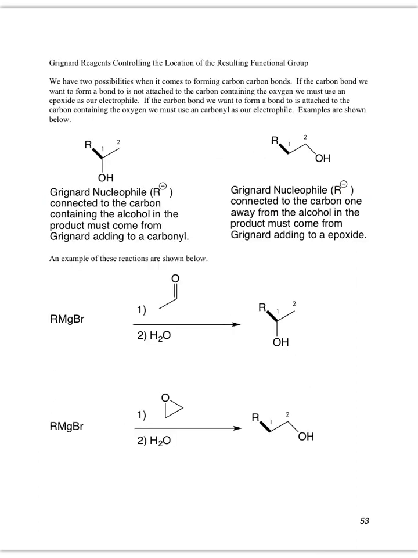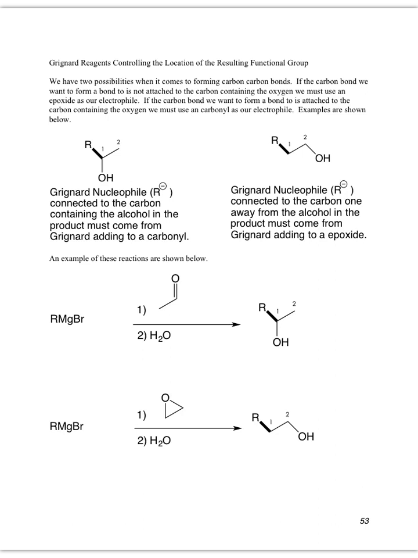So if we're looking at this, we have said all along there are two things we can do to a Grignard, or add a Grignard to, I guess I should say. We can add it to a carbonyl, or we can add it to an epoxide. Those are the only two things we can add a Grignard to.